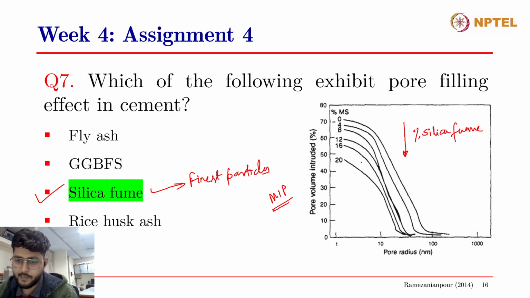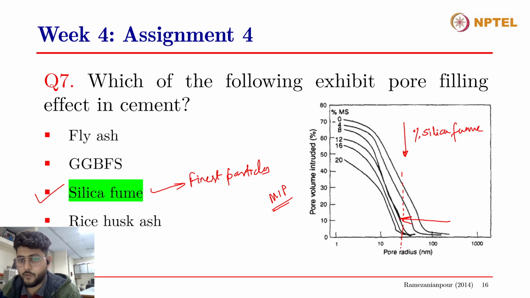And you can see that upon increasing addition of silica fume, the total porosity decreases, as well as the pores also become finer, meaning that if you see at a given stage between 10 nanometer and 100 nanometer pore size, at 0% addition of silica fume, a higher volume of this pore size is available.